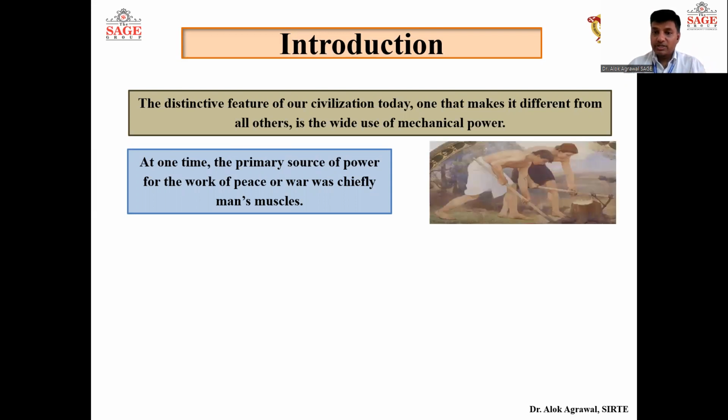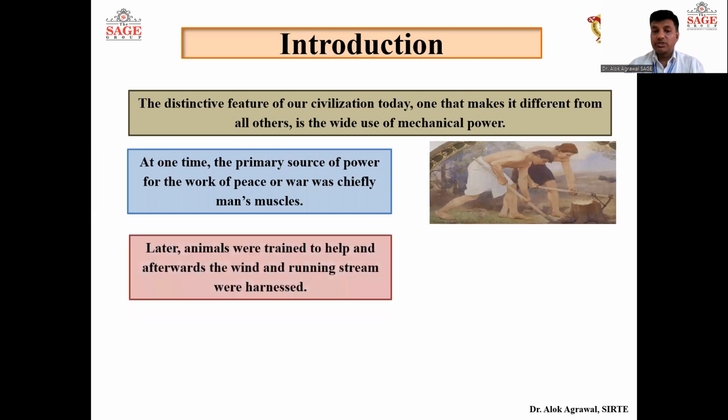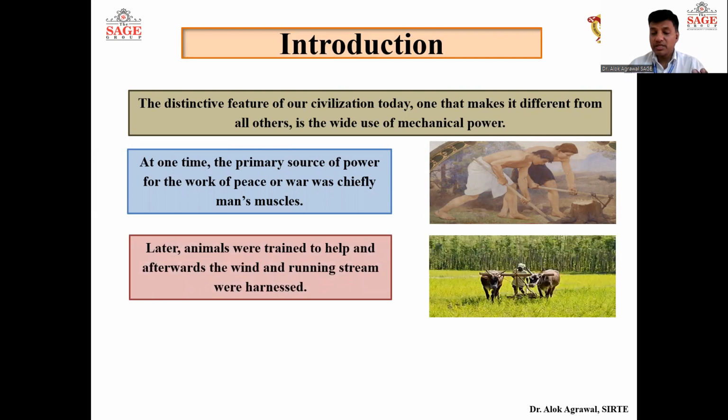We used to do everything by ourselves only. Later on we started training animals and utilizing their power to do our work. We also started using the energy available with wind and with streams, and we were able to use that energy for our work.